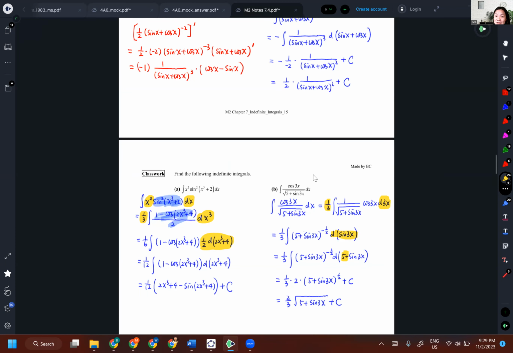A few substitutions until you get the answer. In comparison to differentiation, I think this level of difficulty is equivalent to chain rule. Chain rule, but backwards.